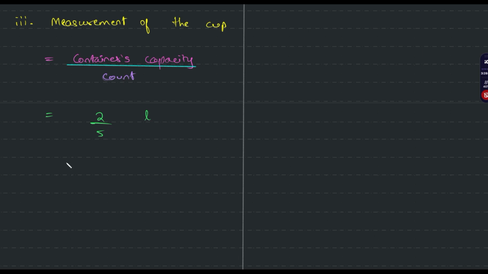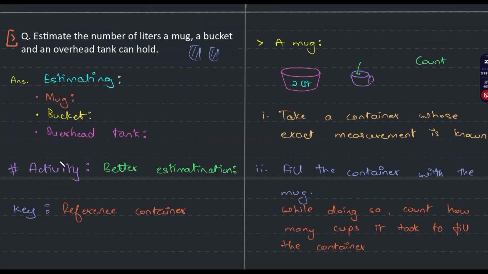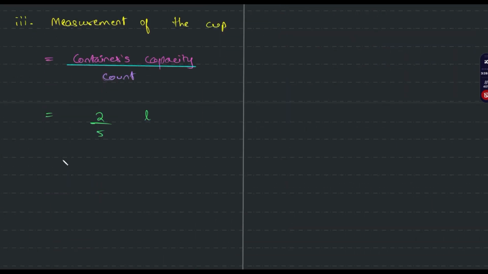Okay. Next, what do we have? Next we have the bucket. Same process, a similar process actually, but it will be the other way around. So what I mean is, we'll take the same container, or you can take a mug whose measurement we know, and this is the bucket.